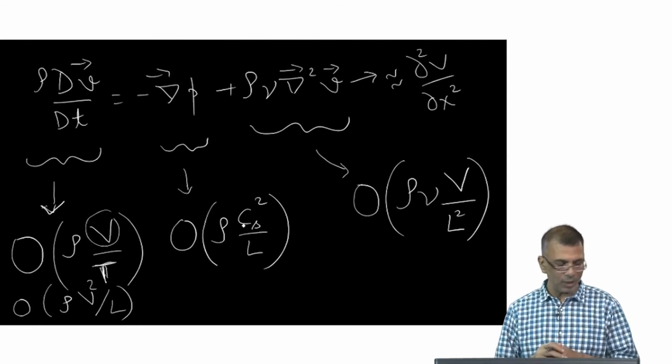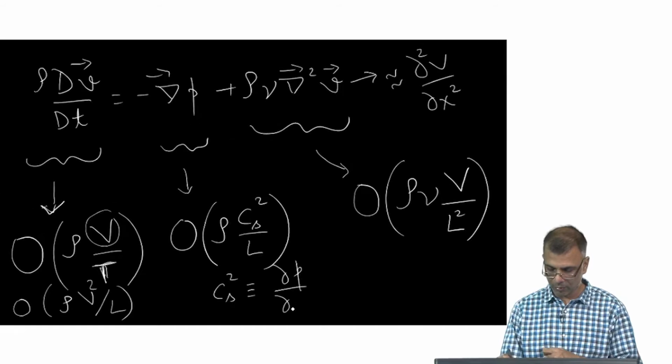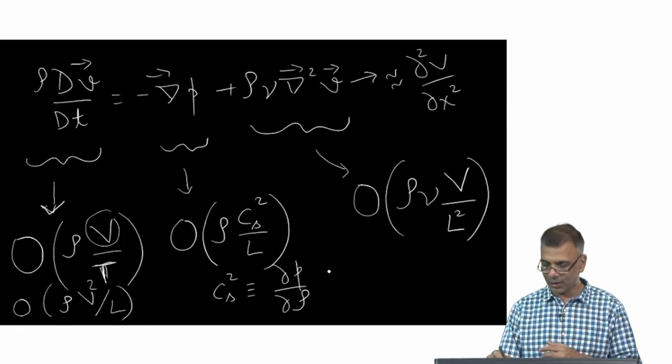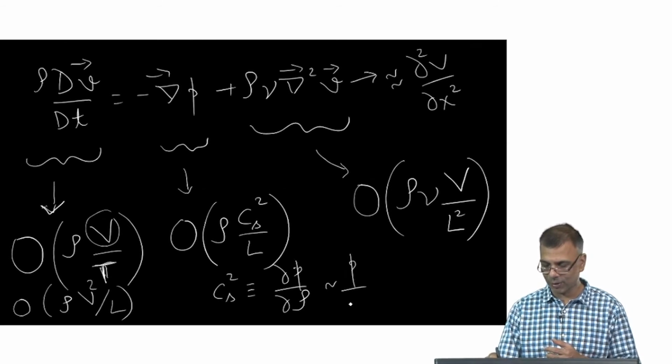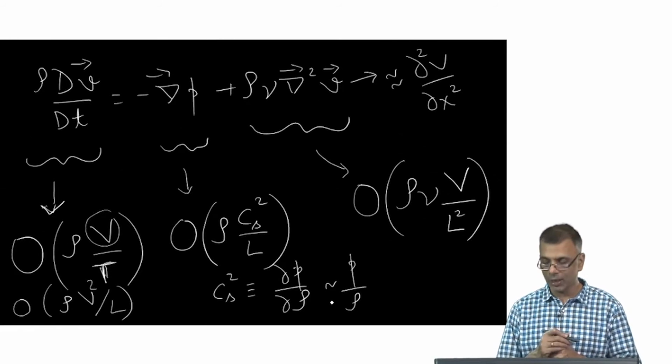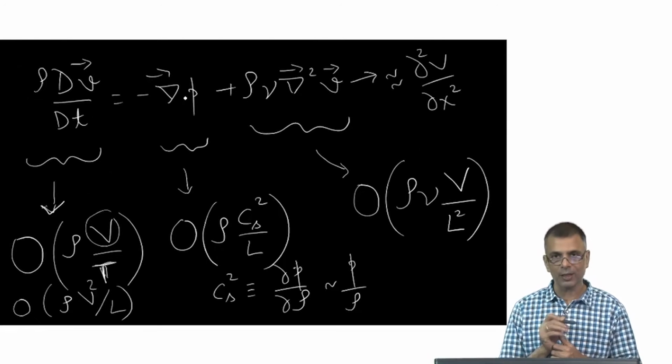But as of now, I'm sure you've come across this definition: the speed of sound is dp d rho, right? That's a speed. And so carelessly we can write this as p over rho. So instead of p, I write rho times cs squared. That's all I've done here.